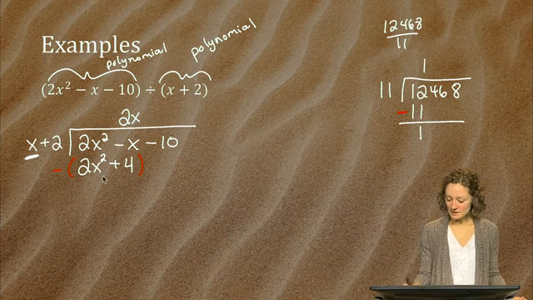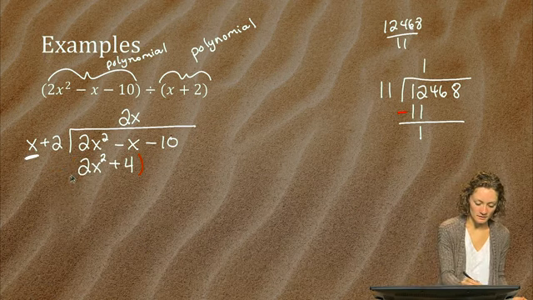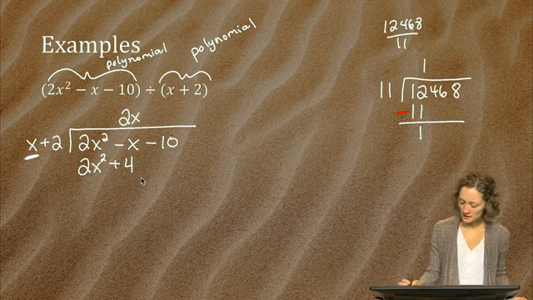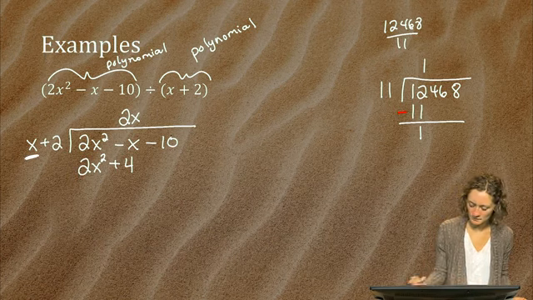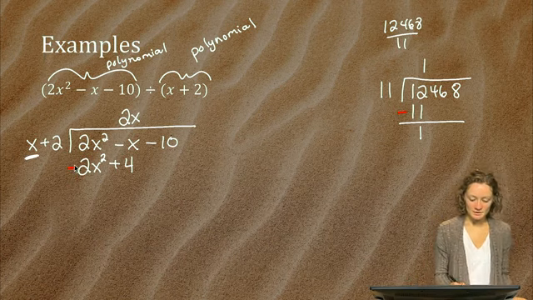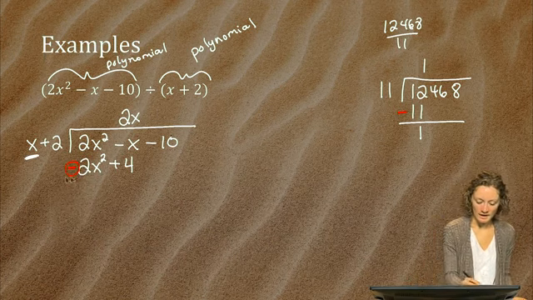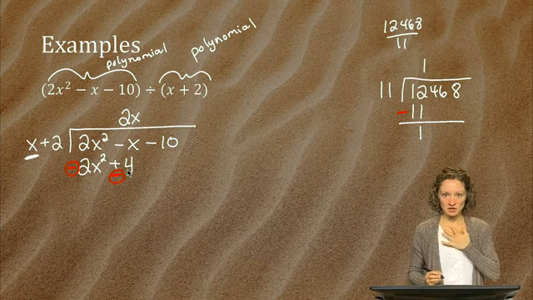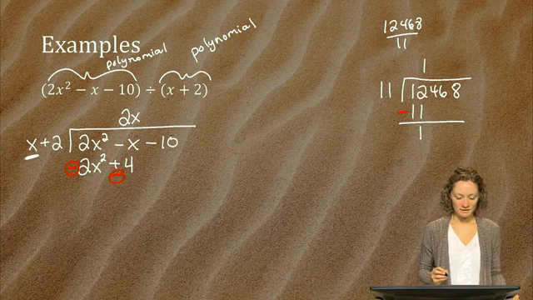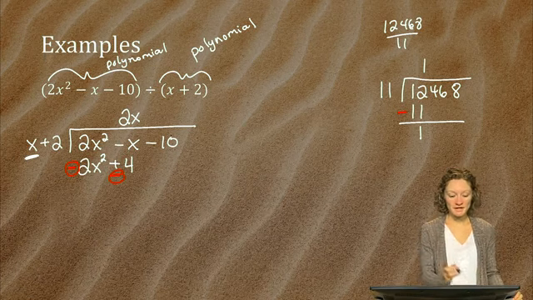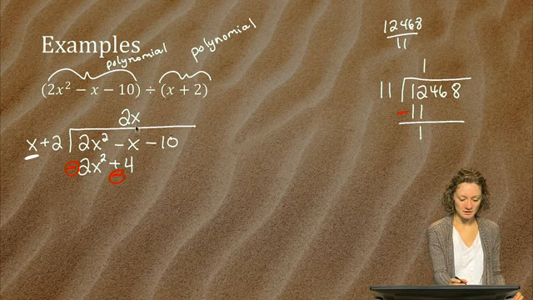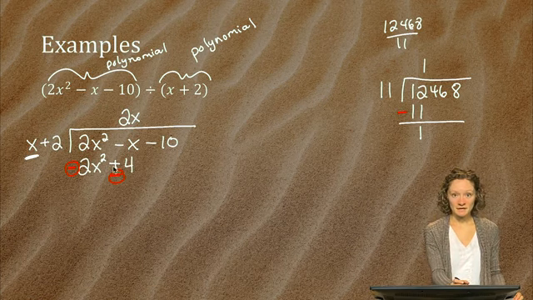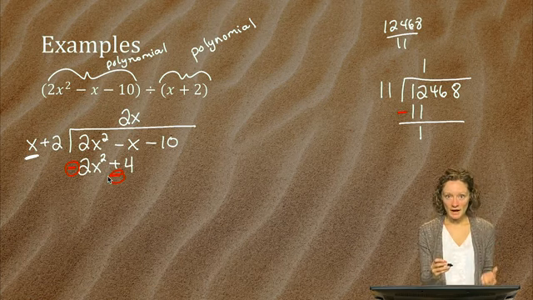So when this negative gets distributed, I'm going to fill it in individually. It becomes minus 2x squared and minus 4. I'm going to circle the sign that actually will be used with the simplifying. So you do the multiplication as usual, 2x times x, 2x times 2. Get those items, and then subtract them.